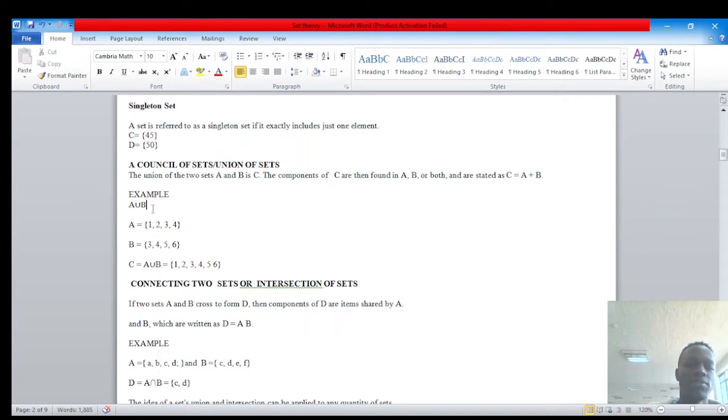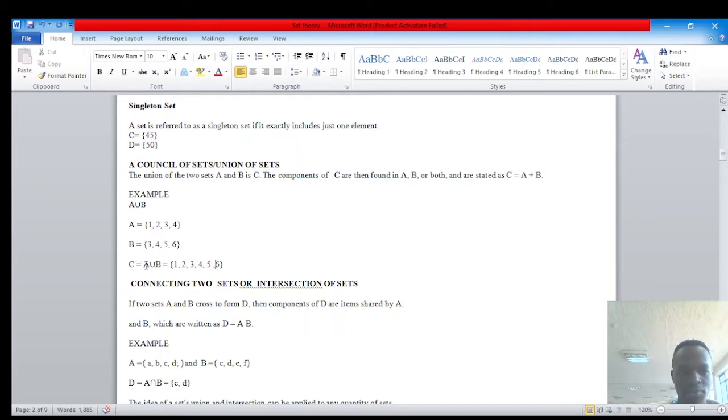So let us union these sets, set A and B, and find C. Set A has the following elements enclosed in brackets, and B the same. In the union of sets, we only pick an element once. If one is represented in both A and B, we pick it once.